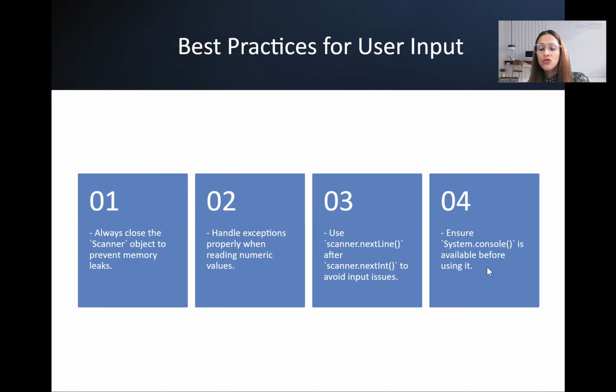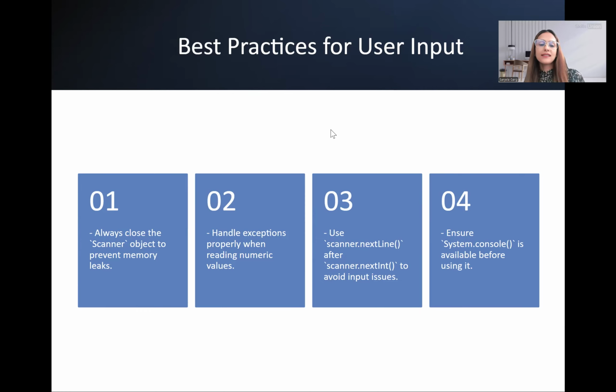Ensure System.console is available before using it, so you need to do that null check. If it returns null, it's not supported by the environment, so there's no point using System.console. Otherwise it will throw a NullPointerException and your program may crash. These are some best practices for using user input.